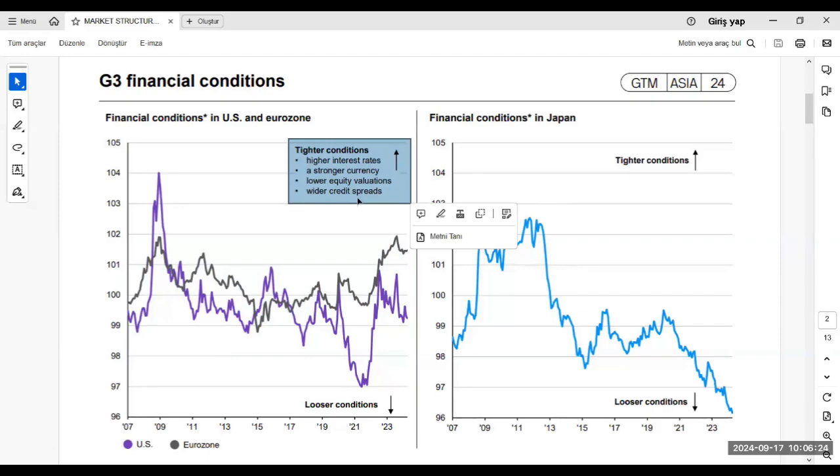Or vice versa, the looser one: a decrease in the interest rate, some depreciation in the currency, and we have huge gain in equity because equity valuation is not lower. We are earning lots of money in the financial market. Not a wider credit spread, but a tighter credit spread, because there is huge liquidity in the market.